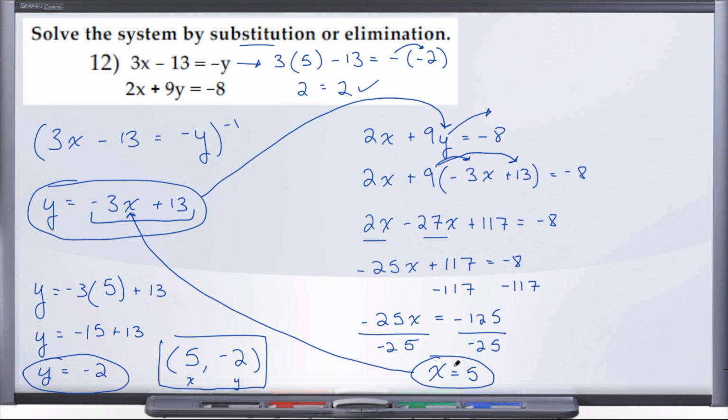But this is what I mean by make sure that you are checking your answers on those problems that you're able to, because if you plug in your solution and get a false answer, then go back and check your work. Maybe you had a little sign error somewhere. For a lot of these, you'll be able to check yourself and know how you did before leaving the test. At any rate, number 12, the solution is 5, negative 2.